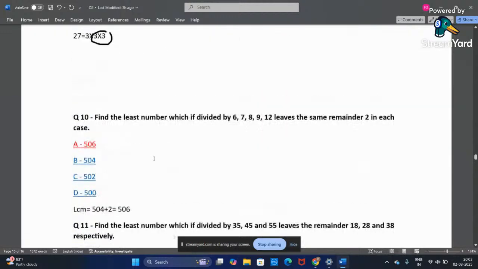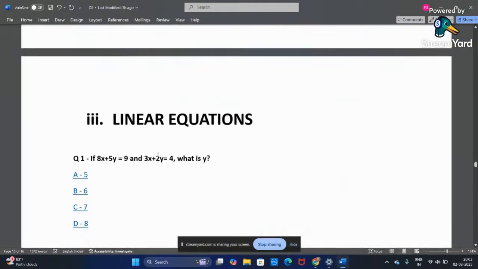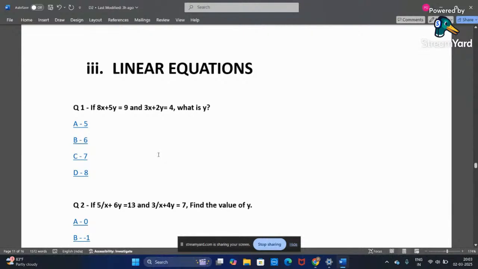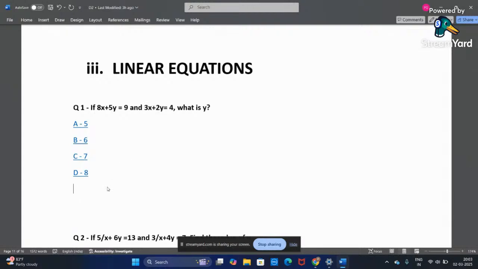Okay. Now let's move on to linear equations. Take this equation as 1 and this equation as 2. I'll solve the first one. 8x plus 5y equals 9.